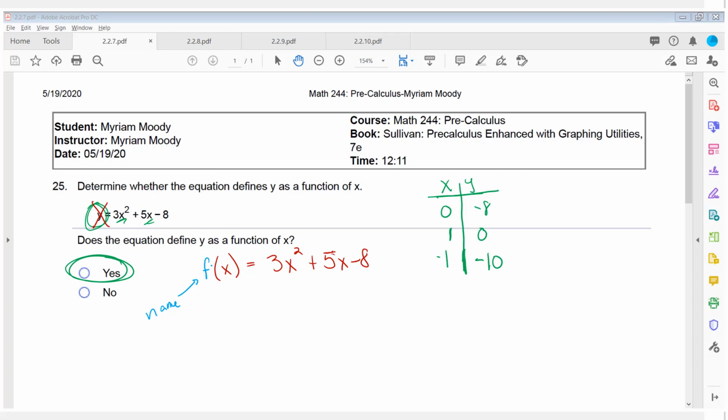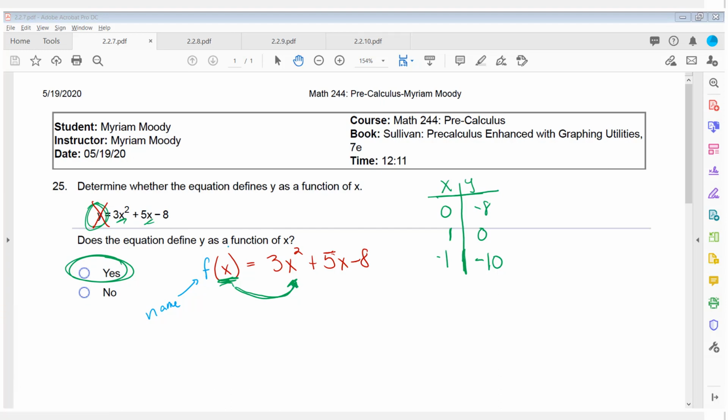Now, inside the parentheses, please understand this is not a multiplication problem. Even though I said the word of, it is not a multiplication problem. This tells me what variable I'm going to find on the other side of the equal to sign. So since this says x, I'm going to find x's on the other side of the equal to sign. Are you with me? So I do see x's there, don't I? But you know what?